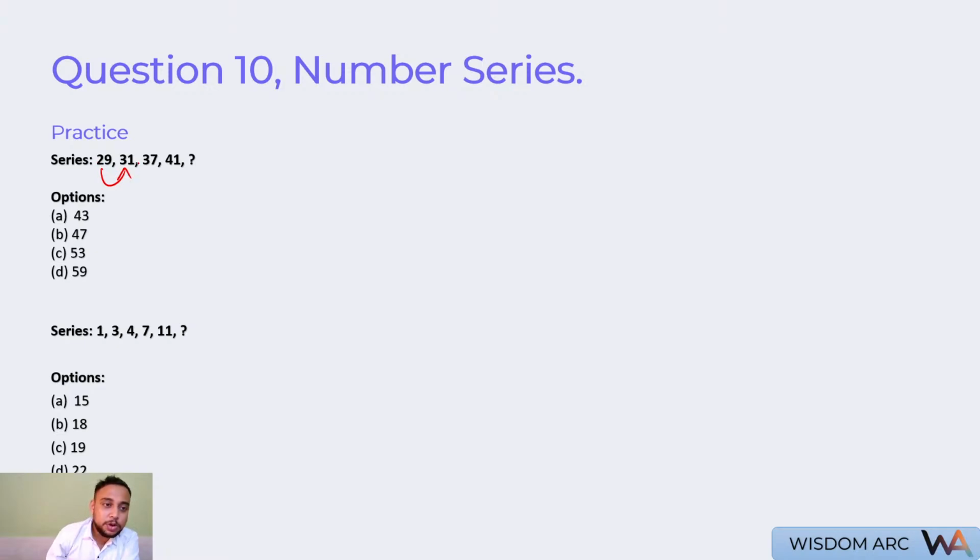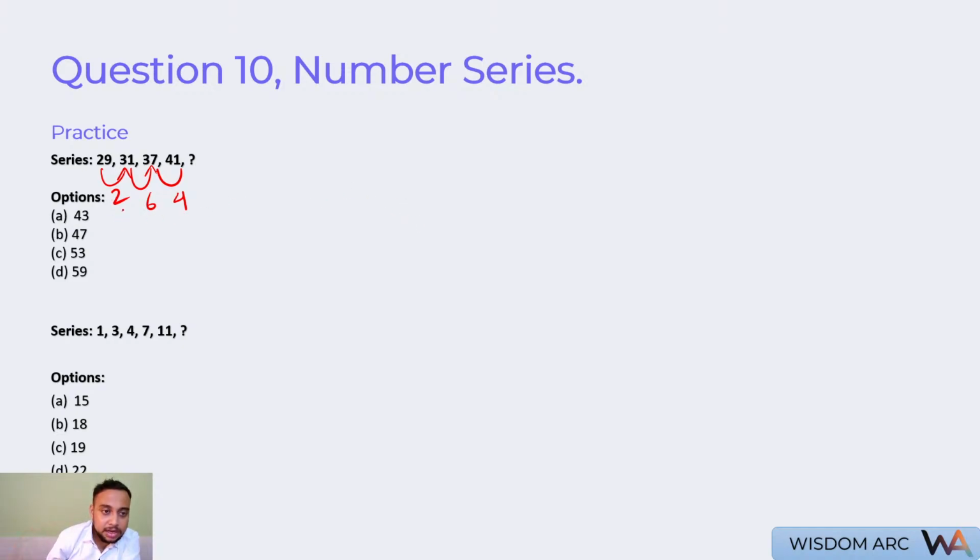What is the difference between 29 and 31? 31 and 37? 6. 37 and 41? 4. Now, here you can see the numbers are in a bit different or jumbled pattern, right? So what will happen?